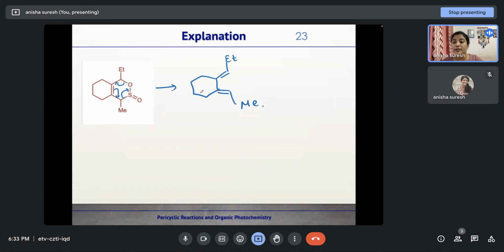It can further undergo electrocyclization reactions under the same conditions, but here we have been asked for this product. SO2 will eliminate, and this will be the product that we get. Clear?